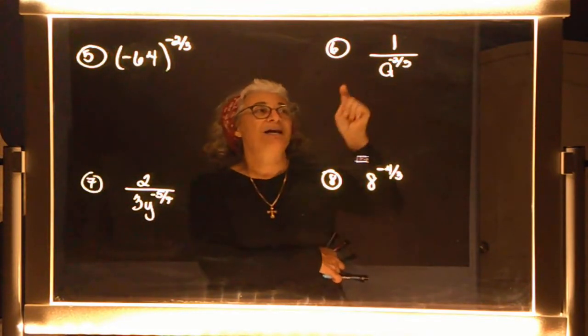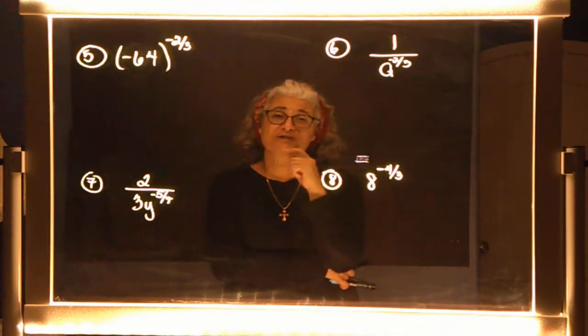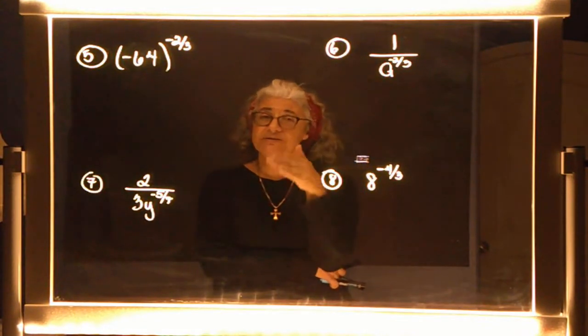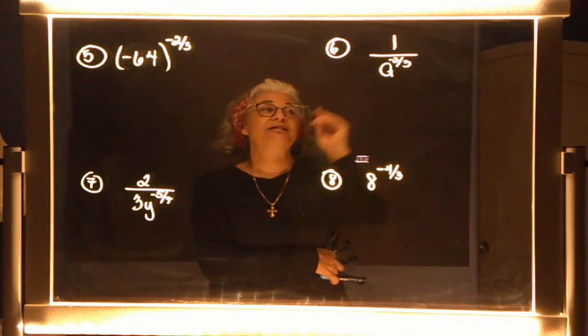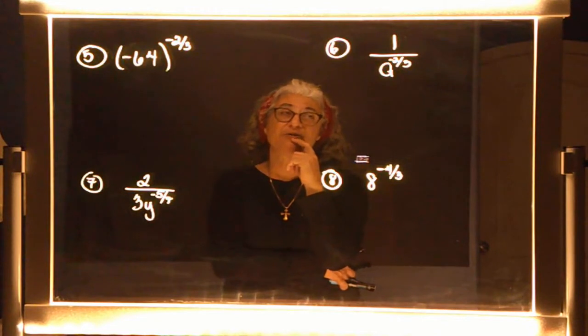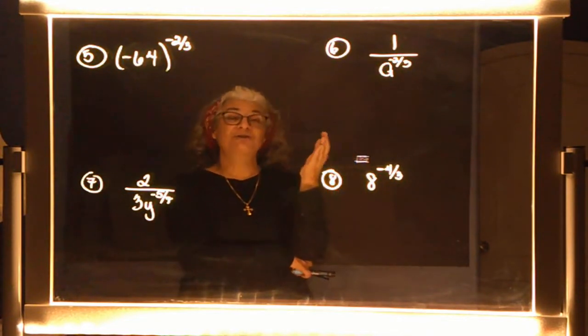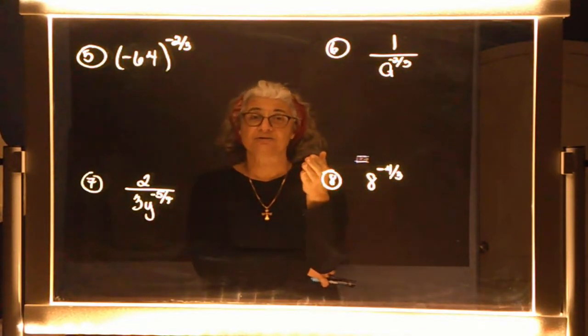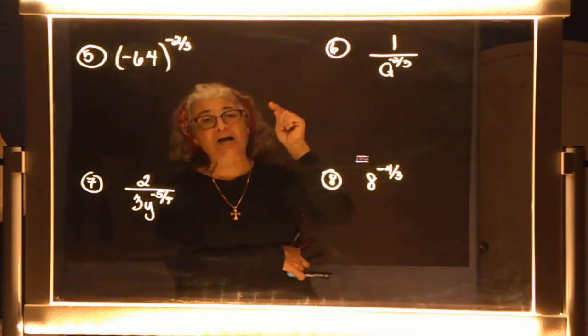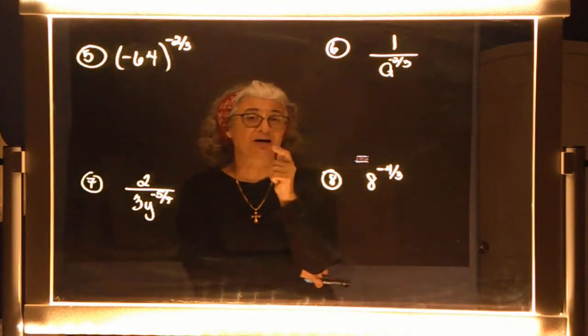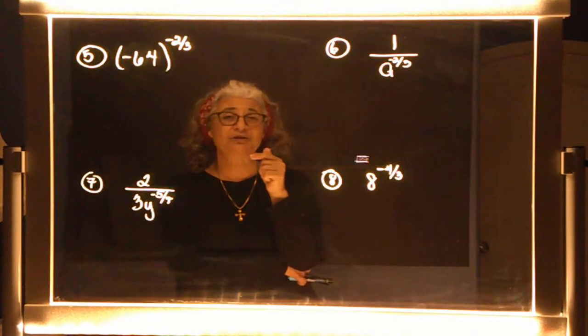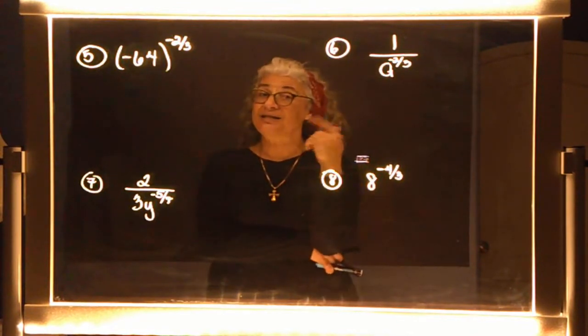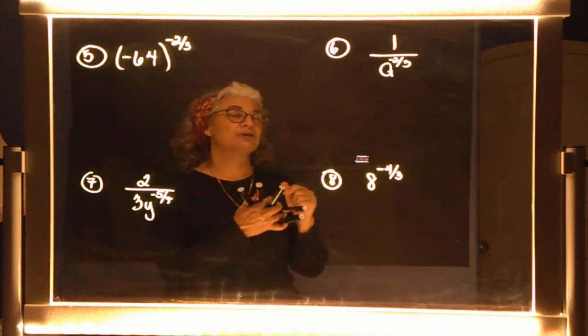It tells me that this a is in the wrong spot. Where is it currently located? It's currently located in the denominator. Well, if it's currently located in the denominator and the negative power tells me it's in the wrong spot, then that means it doesn't belong in the denominator. It belongs in the numerator.